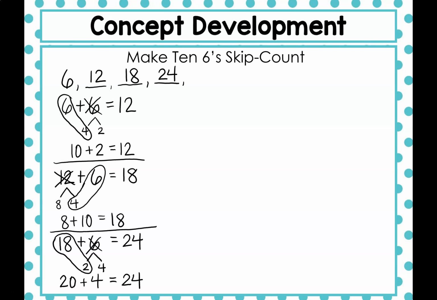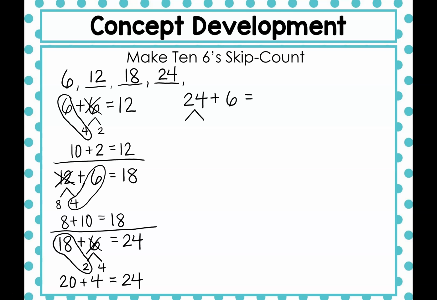So now we're going to start with 24 and add 6. Okay, so let's break this down. We're going to break down 24. So sometimes, as you guys can see, sometimes we break down the 6. Other times we break down the 2-digit number.